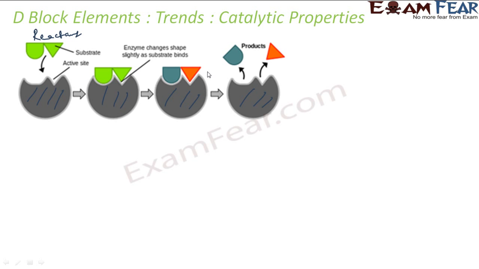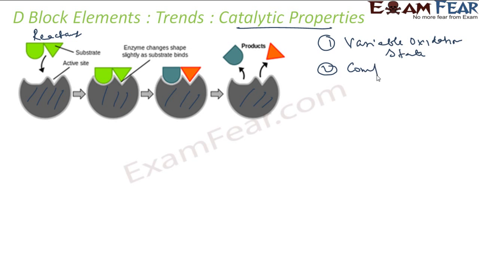Now I am saying transition metals have catalytic property. Why? There are several reasons. The first is that transition metals have the ability to adapt to variable oxidation states. This is one of the key reasons, and we'll discuss these in detail now. Second, it forms complexes, and you can also form unstable intermediate complexes.